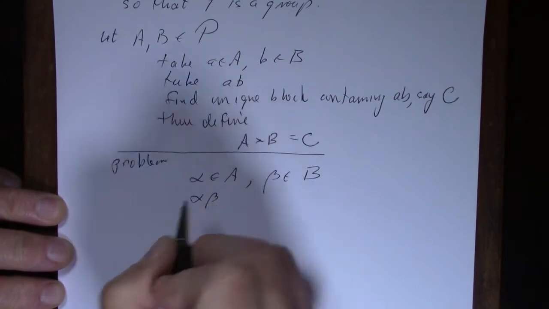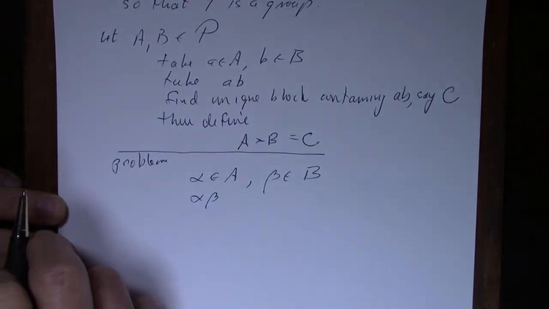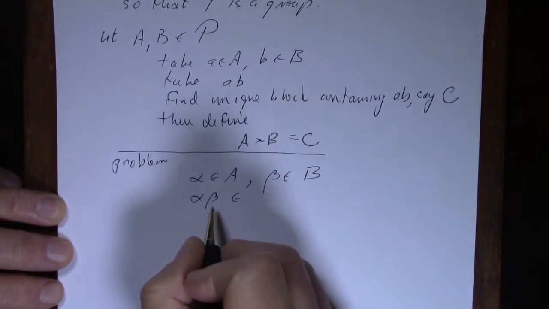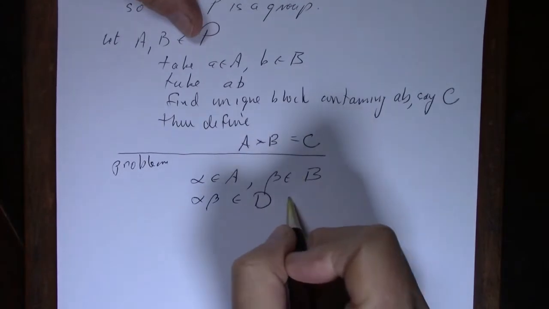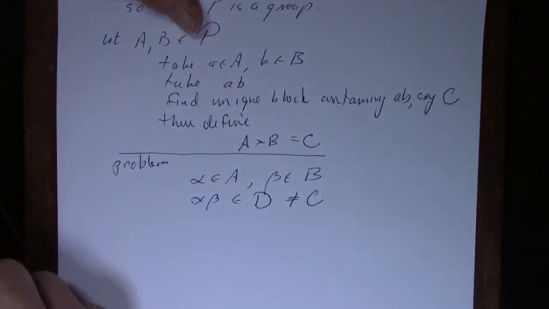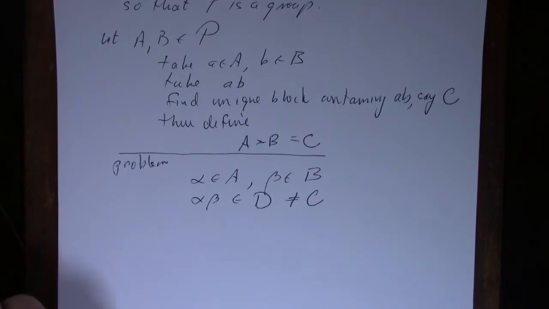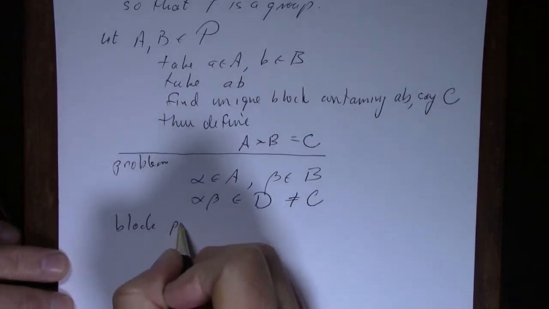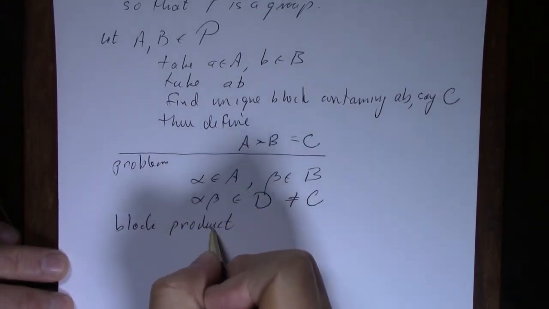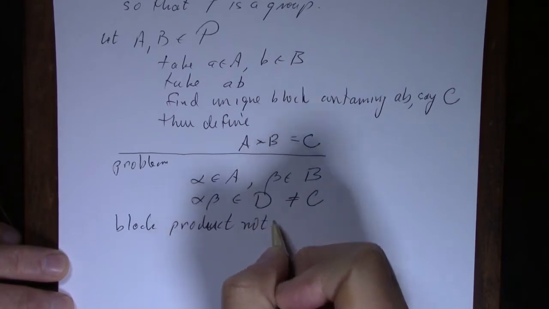They'll take the product alpha beta and look for the unique block that contains alpha beta, but it may be a different block than the one that contains ab. If that's the case, and it usually will be, then their block product will be different from our block product, and so the concept of block product will not be well defined.